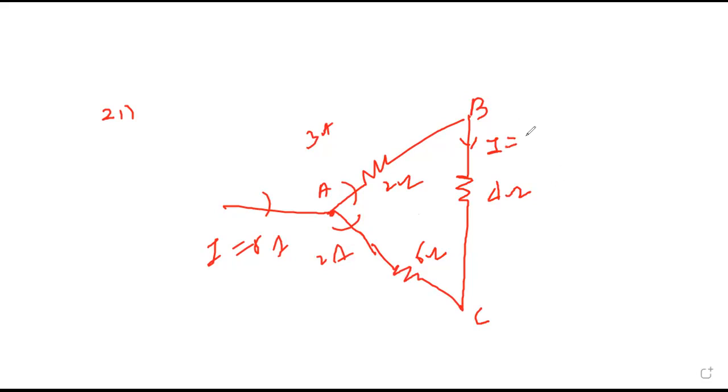This I they are telling, we don't know. Is it a closed circuit? A, B, C and back to A. Is it closed? From A if I start, A, B, closed circuit. So can I use Kirchhoff's voltage law?